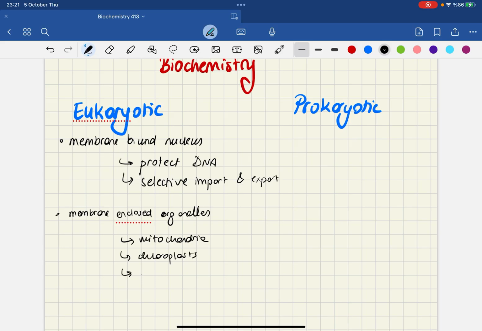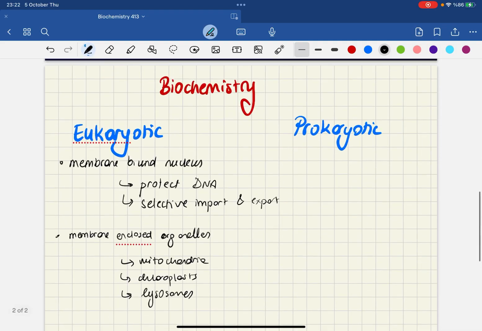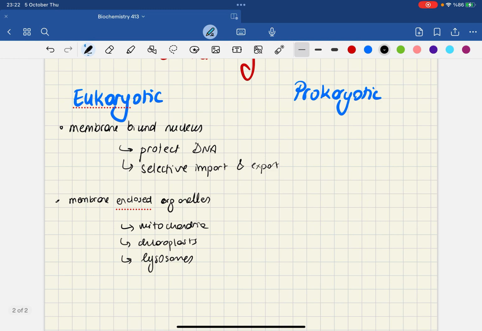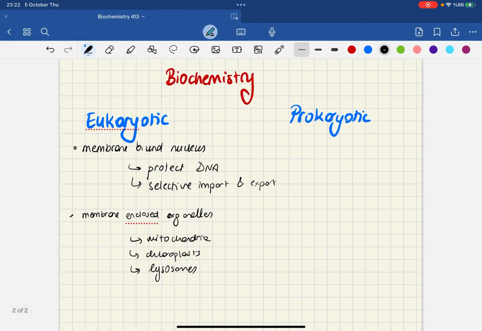And of course, lysosomes. We will discuss the functions and how they are positioned in the cell in a minute, so that we can easily understand what their task is throughout the cell. However, in prokaryotic cells, what is the difference?